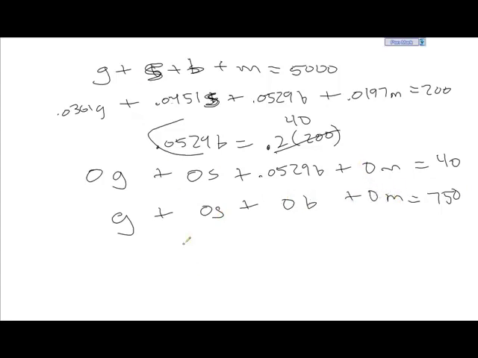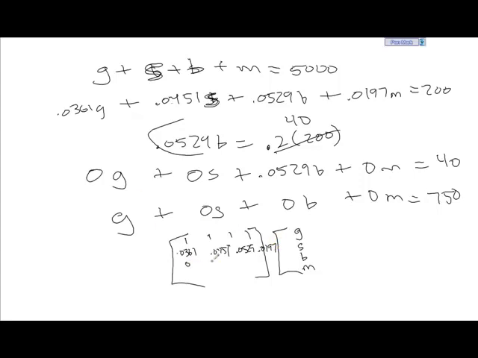And now we can create a matrix out of this. So we can do our AX equals B. So our X matrix is actually just a series of variables. Importantly, we need to make sure that these all line up so that we get the right coefficients, G, S, B, and M. And so the first one is all ones, 1, 1, 1, 1. The second one is 0.0361, 0.0451, 0.0529, and 0.0197.